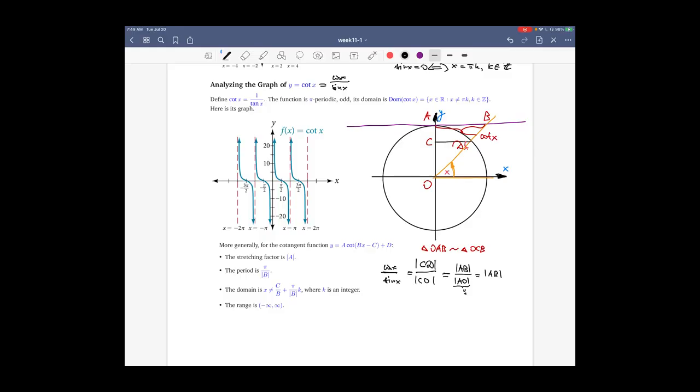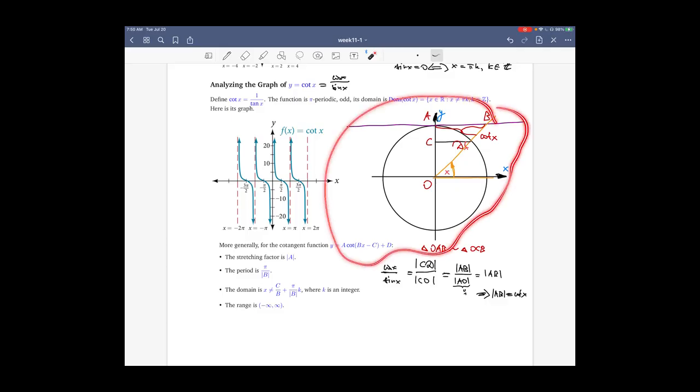So AB is therefore the ratio of cosine and sine, simply cotangent x. So that definition might be helpful when we try to understand how the graph of cotangent looks like.